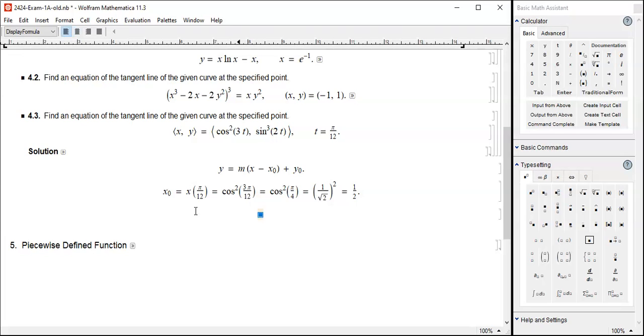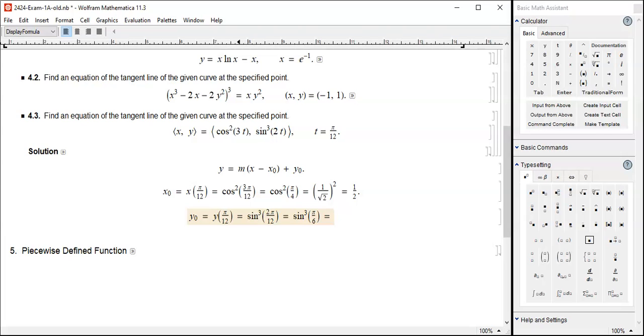y0, and that's y of pi over 12. And y, that's sine cubed. And then I have to multiply by 2, so it's 2 pi over 12. So it's sine cubed pi over 6. What is sine of pi over 6? Sine of pi over 6 is 1/2.